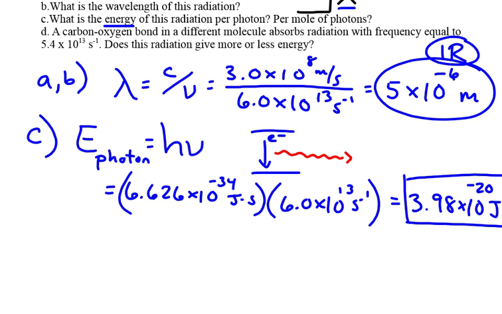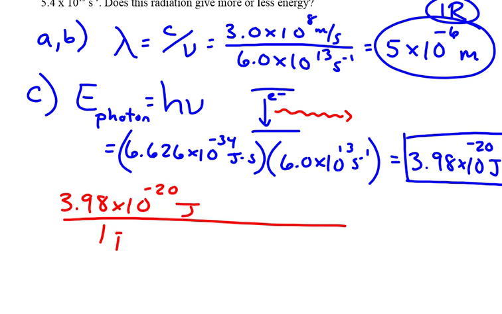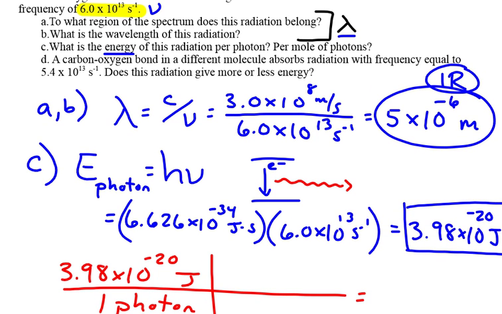Let T-charts help you. What is this? This is the amount of energy per one photon, right? So what I could do is put this in here. Like, you get to the test and you're just unsure. Write it out. This is per one photon. So it's asking for one mole.